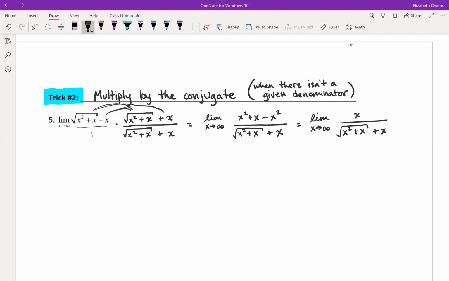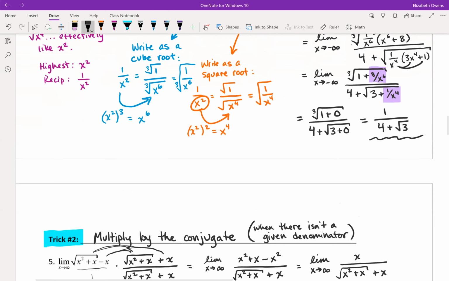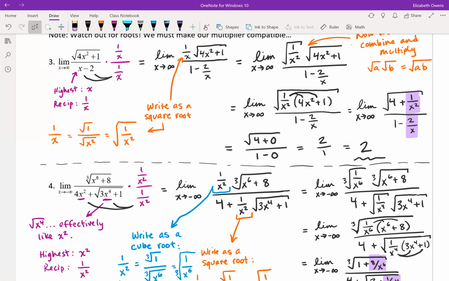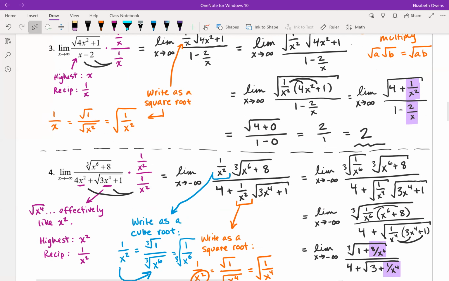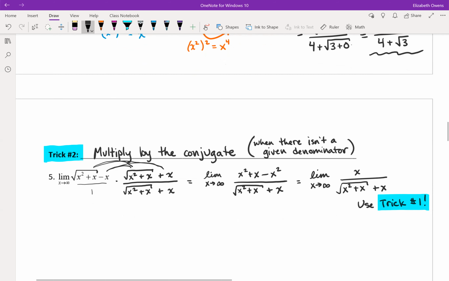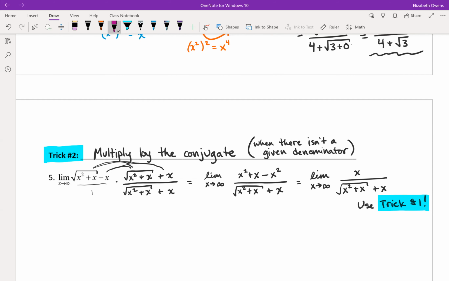And this just turned back into a trick number 1 problem. Very similar to these previous examples 3 and 4 that we were just looking at in the prior videos. So let me make a little note here: use trick number 1. We're back to our old process at this stage. We would look for our highest power of x in the denominator.